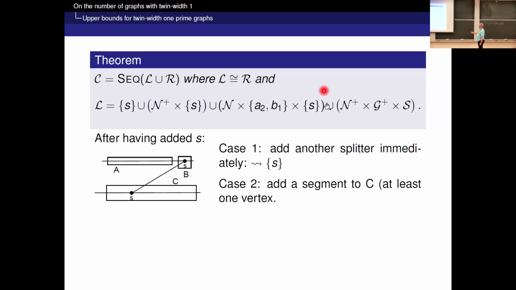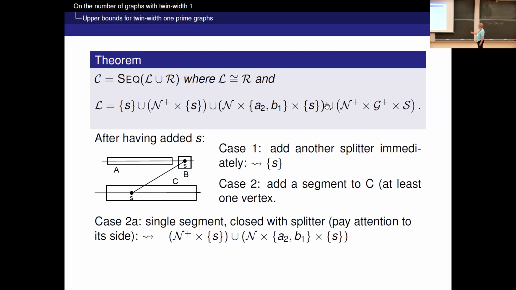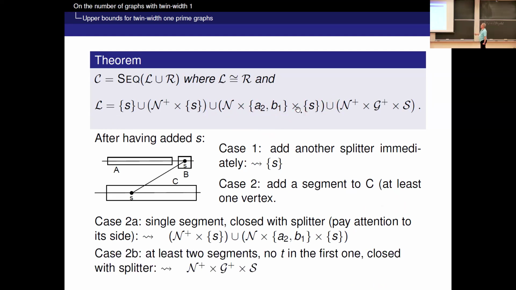Then you can do a single segment, either with the splitter or change sides, and then you have this restriction at the end and the splitter afterwards. Or finally, you have at least two segments, then a non-empty segment, and you continue the generic construction at least once, and at the end you end with the splitter.